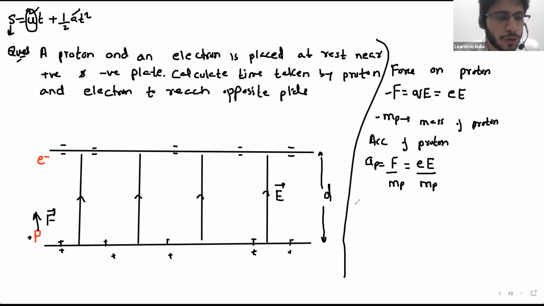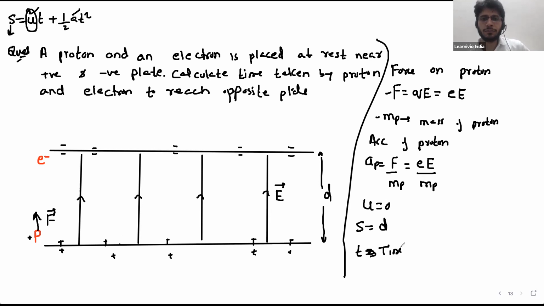Noor, what's the initial velocity of proton if both are released from rest? 0. Now I need time taken by this proton, and what's the displacement covered, Noor? If the proton is moving from positive to negative plate, it's d.